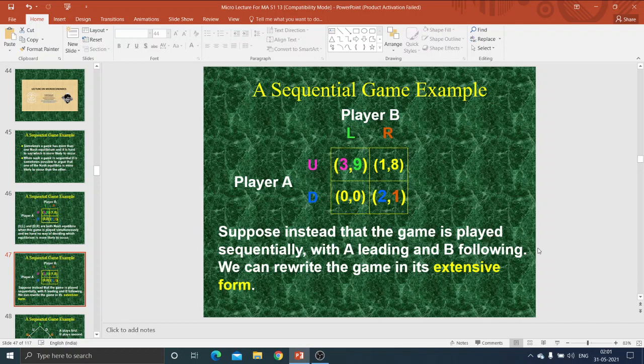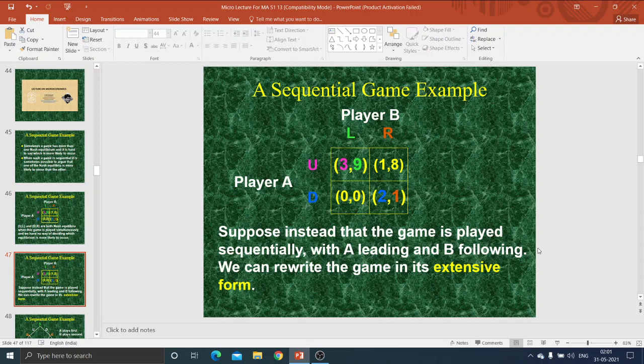And if A plays down, then B has the strategy of not playing left but only right. So this is what comes with this particular aspect.